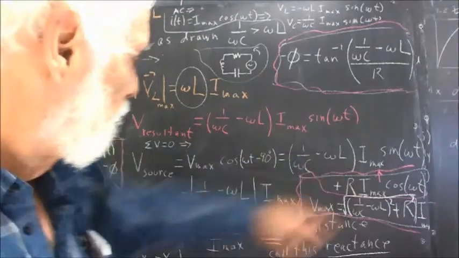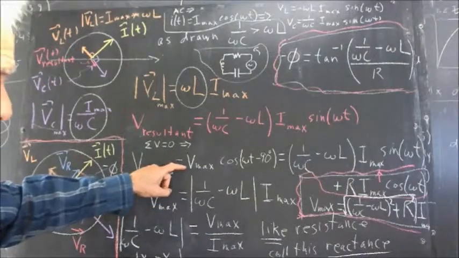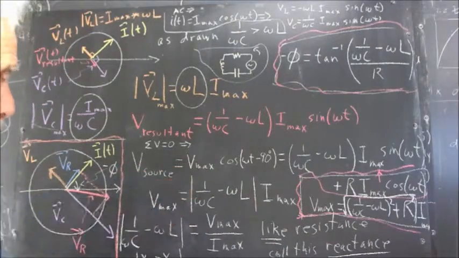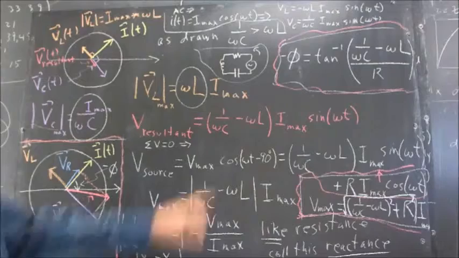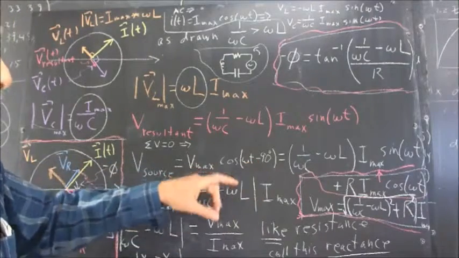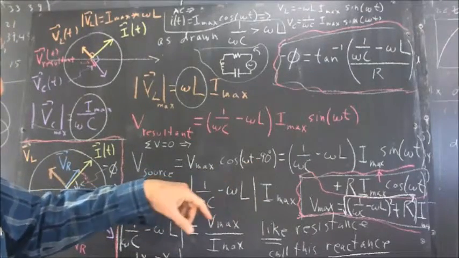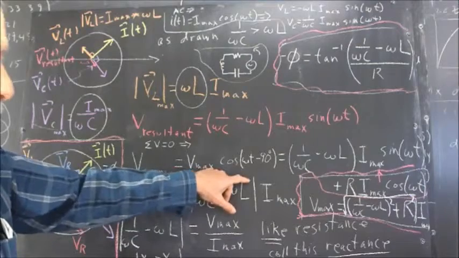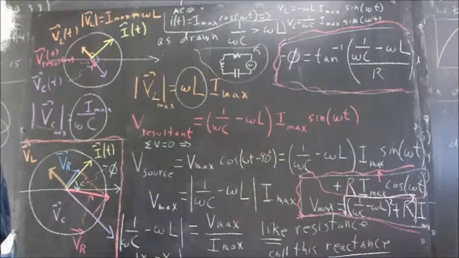If this is negative, then this would be negative Vmax here. The voltage of the source would be negative Vmax times this, which would affect this phase angle, and it would actually then be Vmax times the cosine of omega t plus 90 degrees.